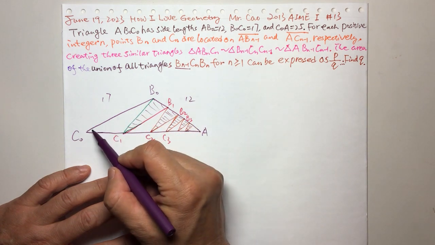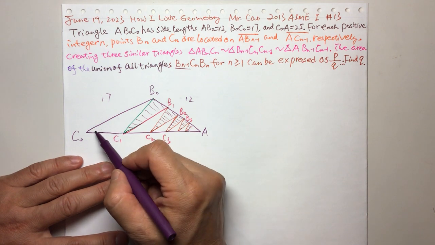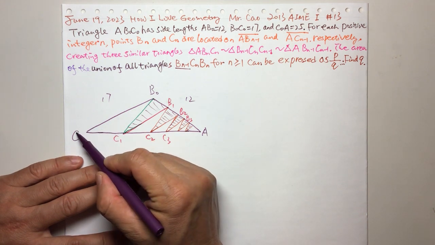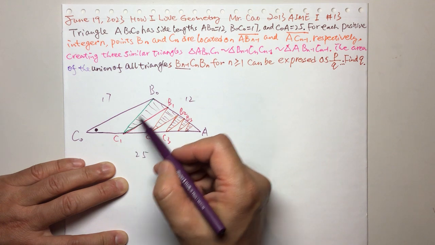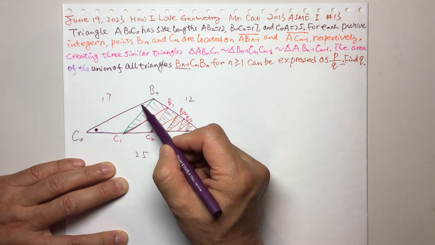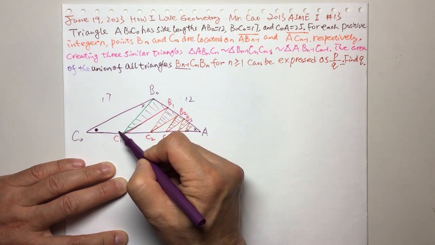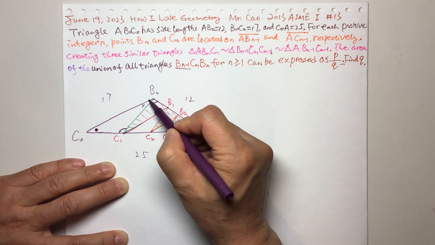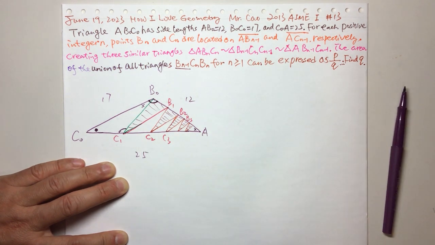We know this triangle is similar to the large one, and this is the angle C0, right? No problem for this one. And for this triangle, this angle equals angle A, and this angle is congruent to this one, and so it's similar.